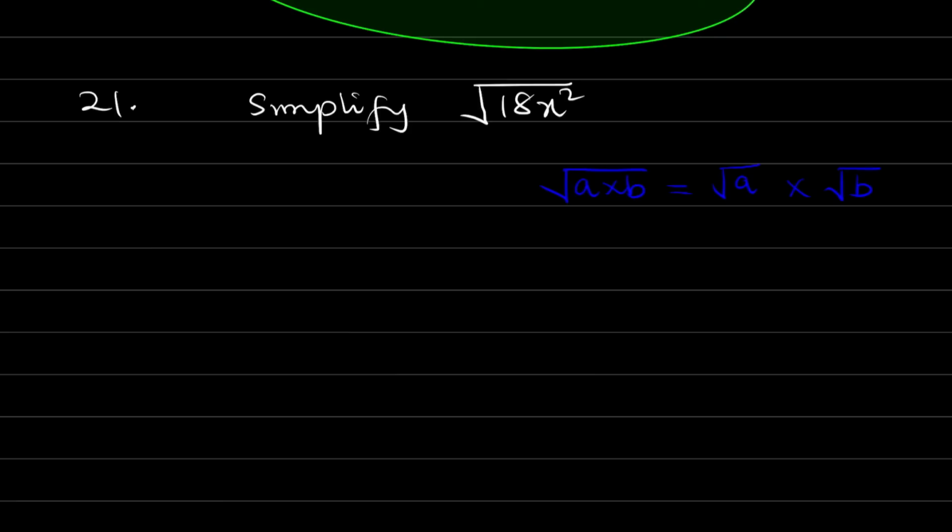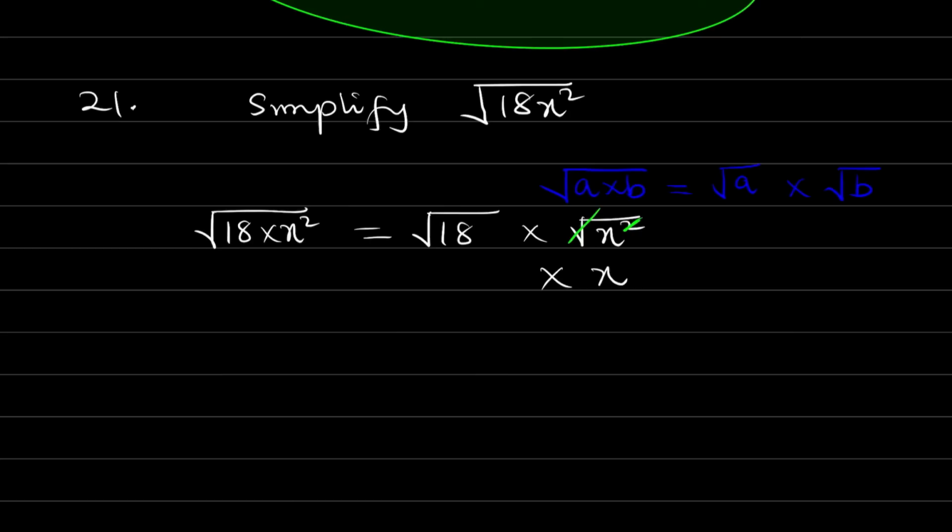So if we have 18x squared under the radical, this is the same thing as saying the square root of 18 times x squared, which can be broken down into the square root of 18 times the square root of x squared. For the x squared, this square cancels the square root, so we are simply left with x here.